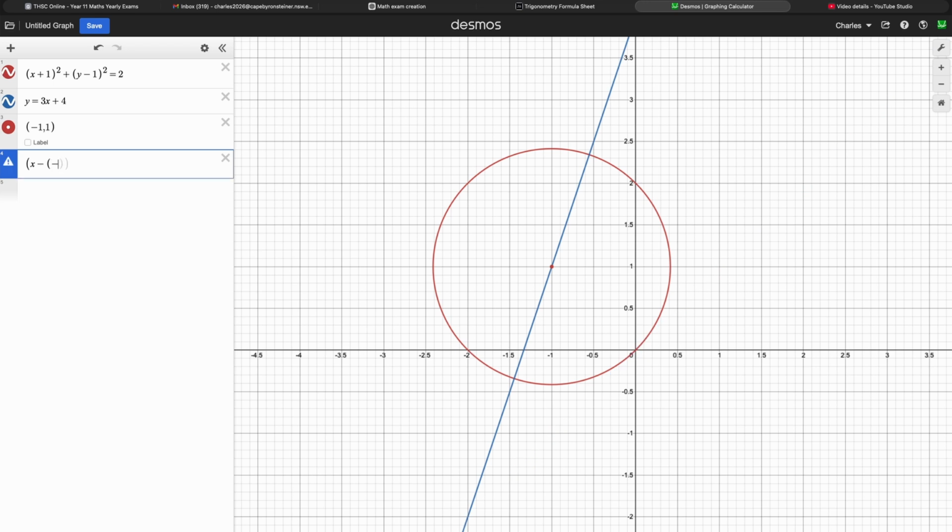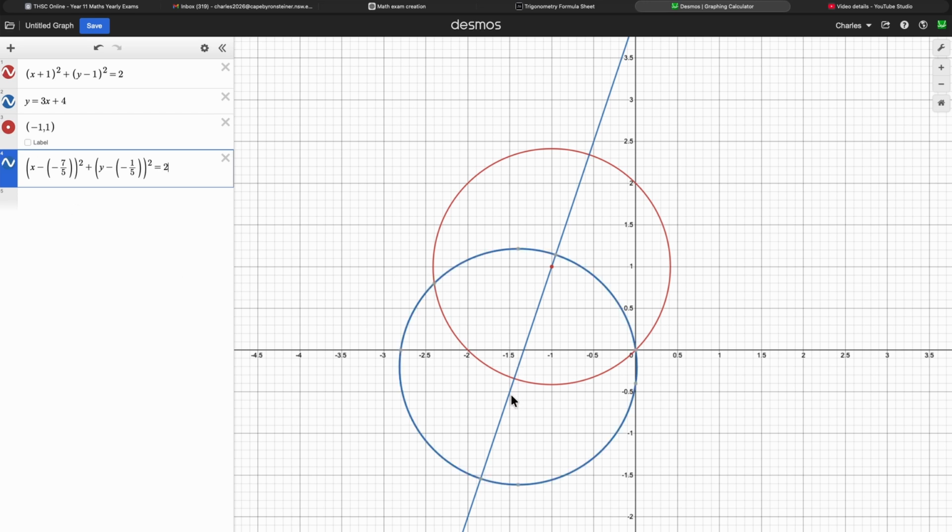Minus 7 on 5 squared plus y minus negative 1 on 5 squared. There is our other equation.